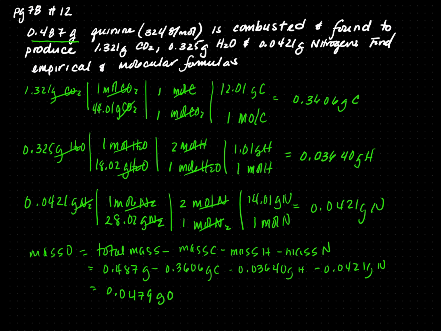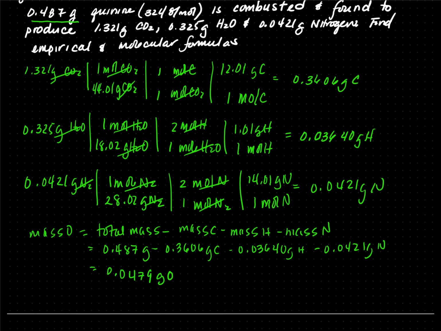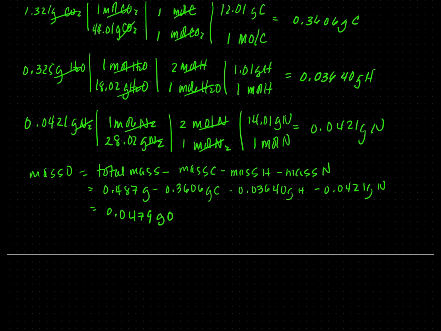Now that we have all the masses of the unknown, we can now start our empirical formula. First step is percent to mass, but since it's already in grams, we could go from grams to moles using molar mass. So we're going to start with 0.3606 grams of carbon. Diagonal grams carbon, grams carbon.